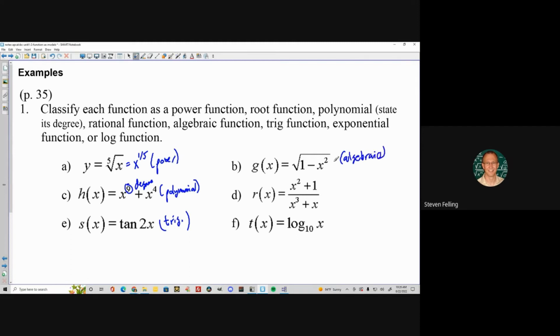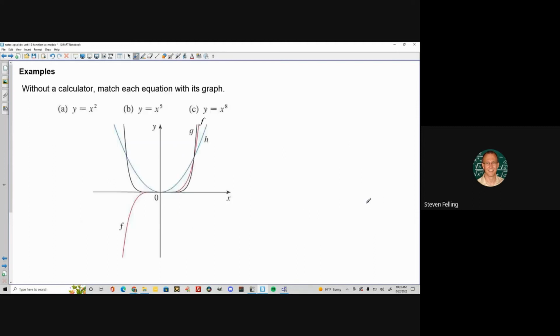We compute it using algebraic symbols. This one qualifies as a rational function because we have a polynomial over a polynomial in the form of a fraction. That would be called a rational function. And this is a logarithmic function. Okay, so just terminology there.